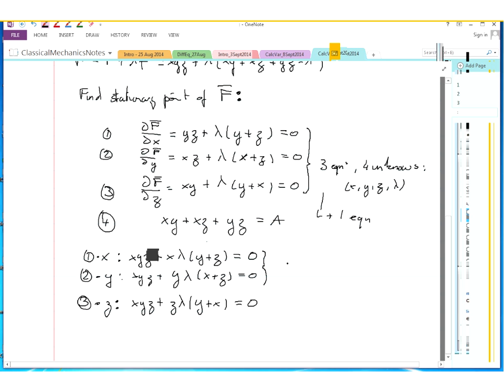So let's use these two equations to equate. Both these equations have xyz in them, right? In this equation, xyz is equal to minus lambda x times (y plus z). And in this equation, xyz is equal to minus y times lambda (x plus z).